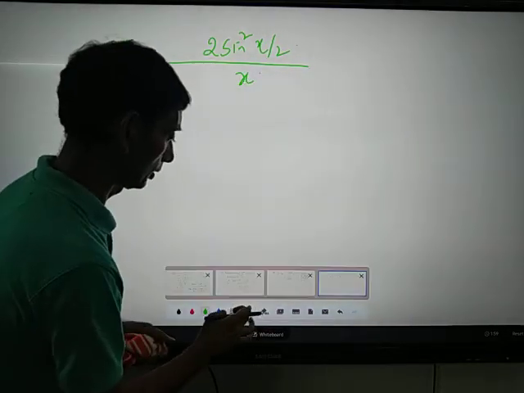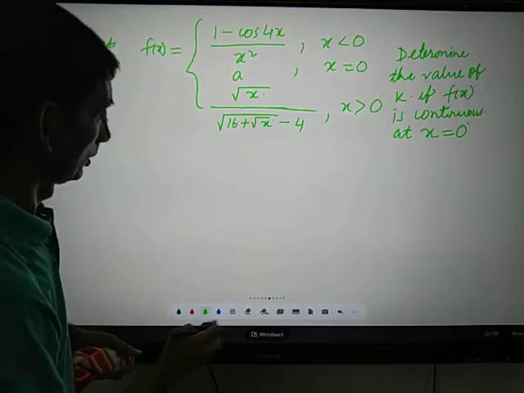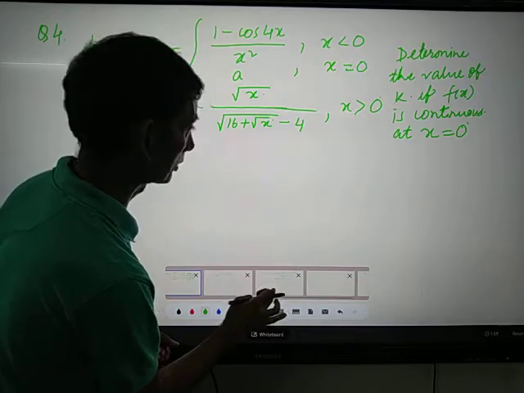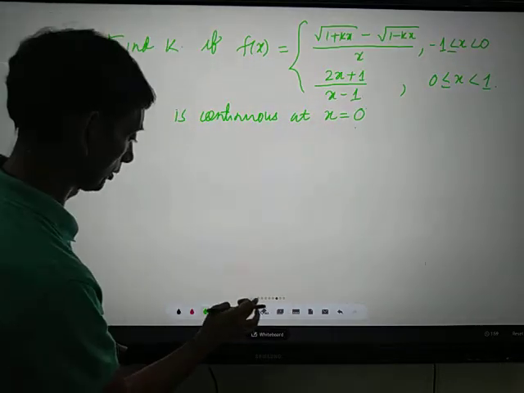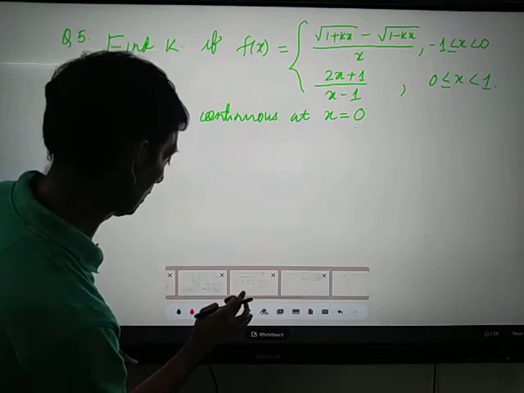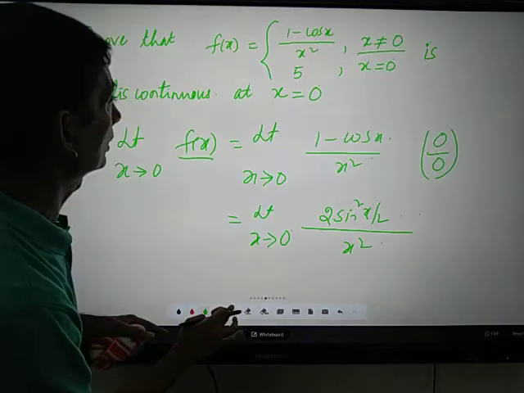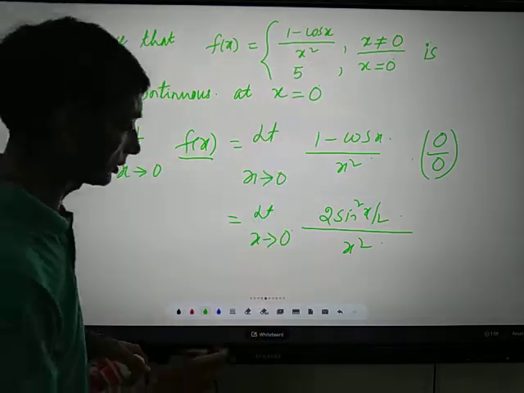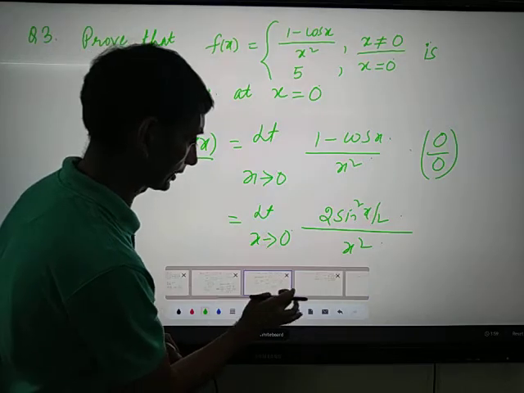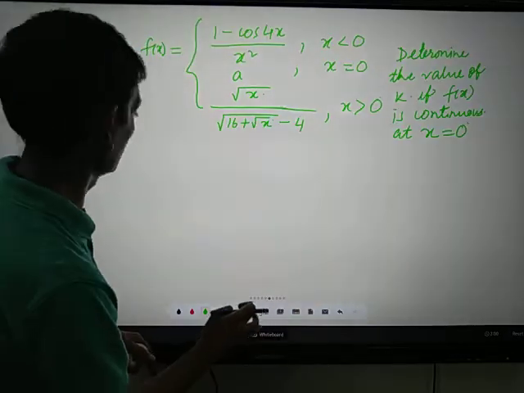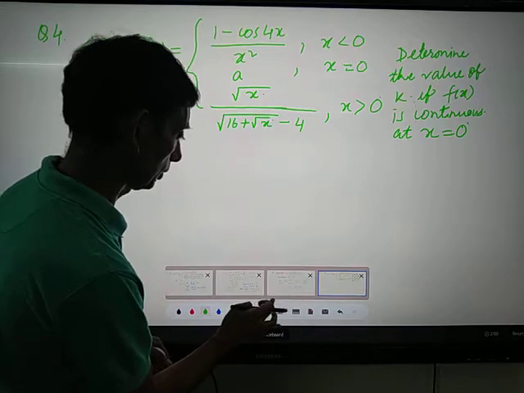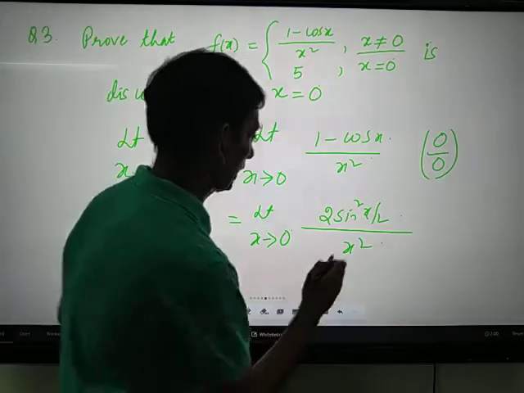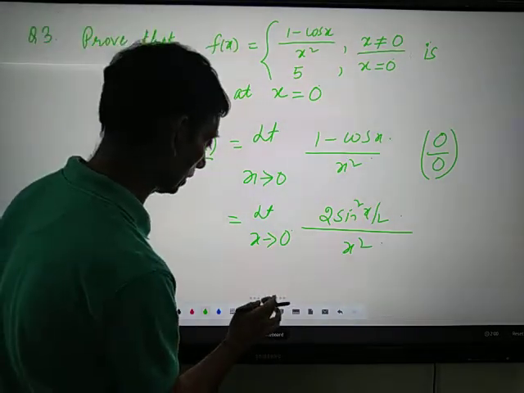Sorry, the denominator is x squared, not x, right? The denominator is x squared.